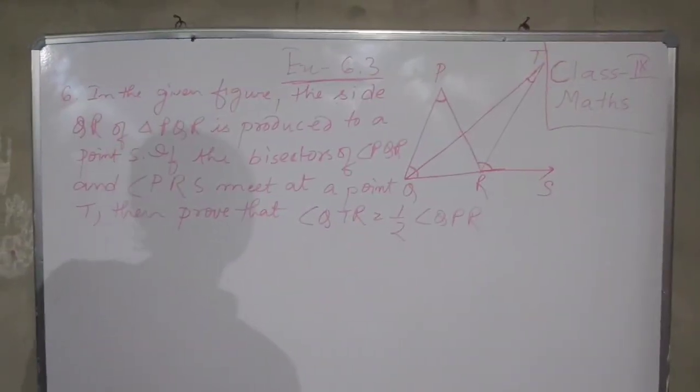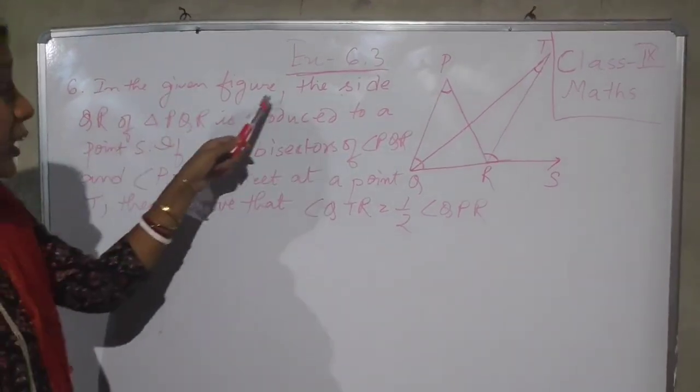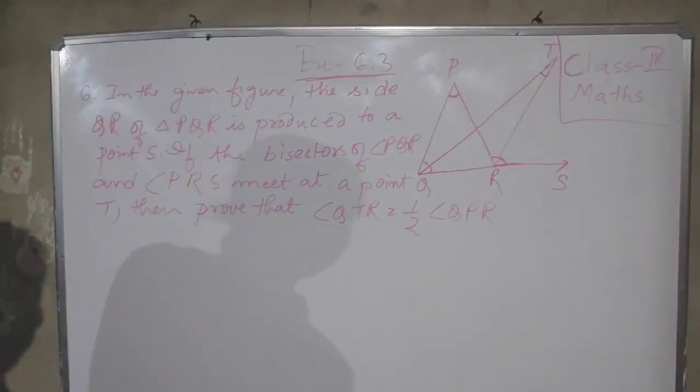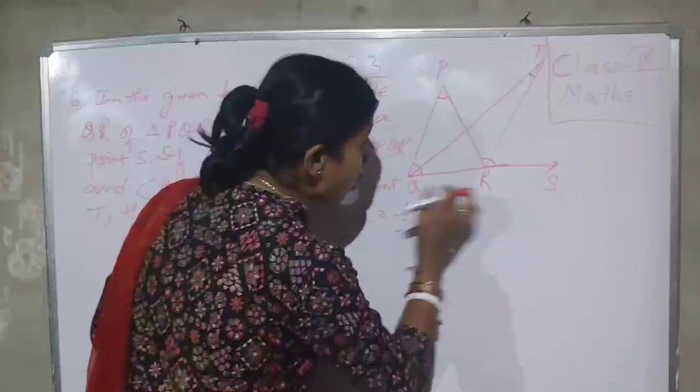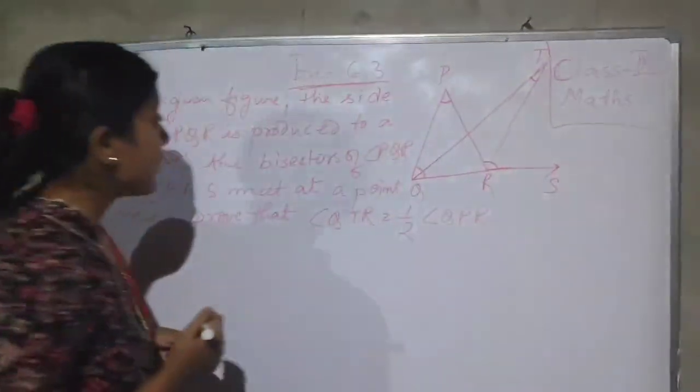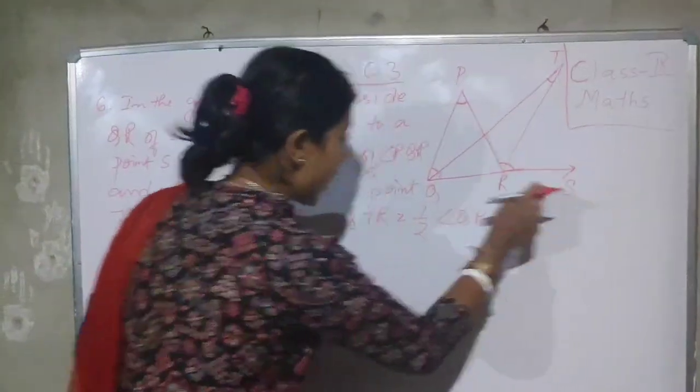So now number 6c. In the given figure, the side QR of triangle PQR is produced to a point S, okay?